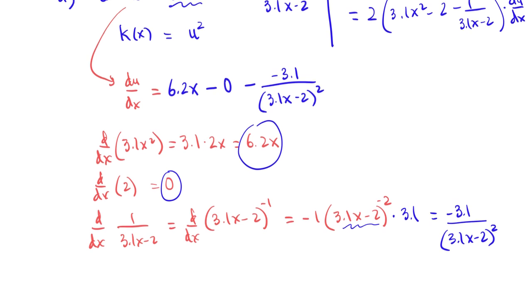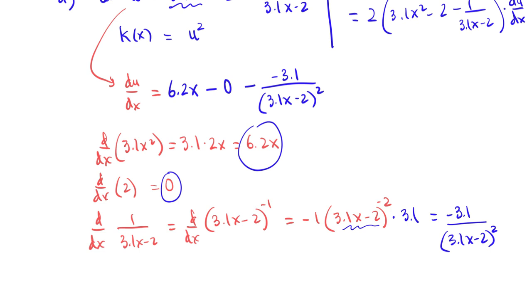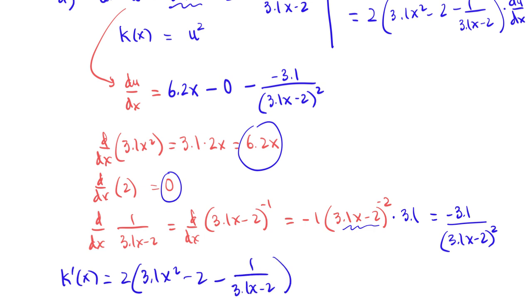We will now put all of these together and obtain the derivative of k. k prime of x is 2 times (3.1x squared minus 2 minus 1 over 3.1x minus 2) times du dx, but we found du dx. du dx is 6.2x plus 3.1 over (3.1x minus 2), the quantity squared. This is the final answer for the derivative of k of x.